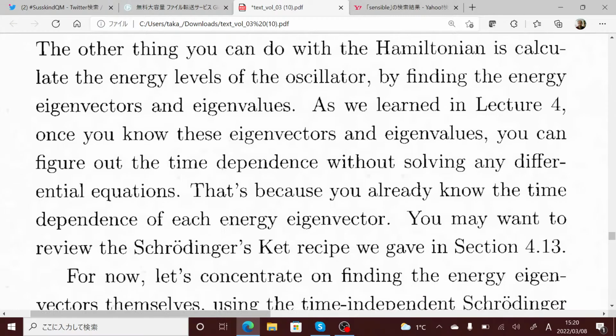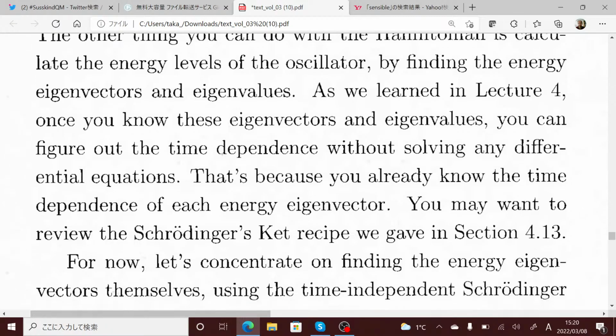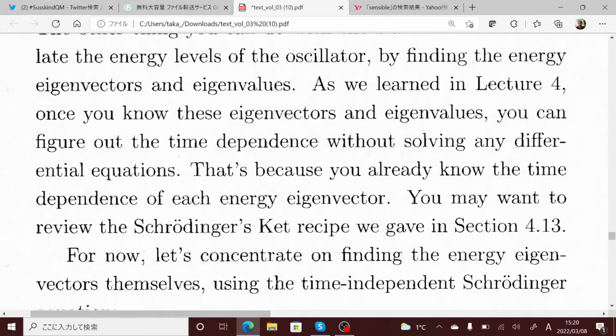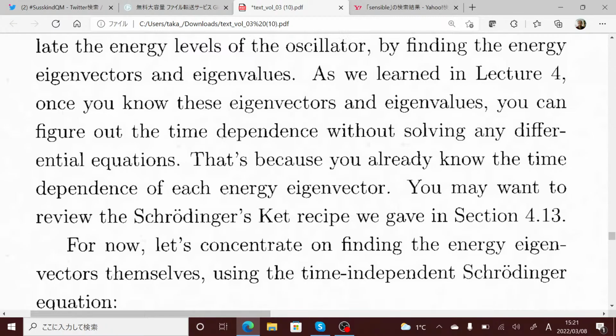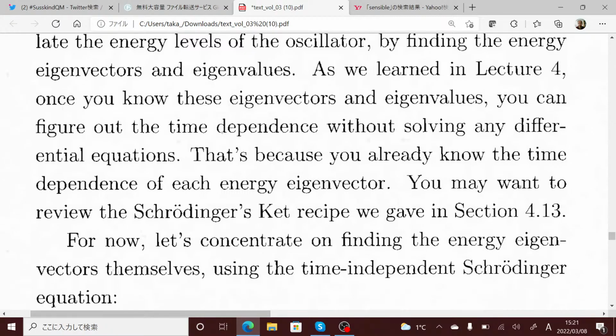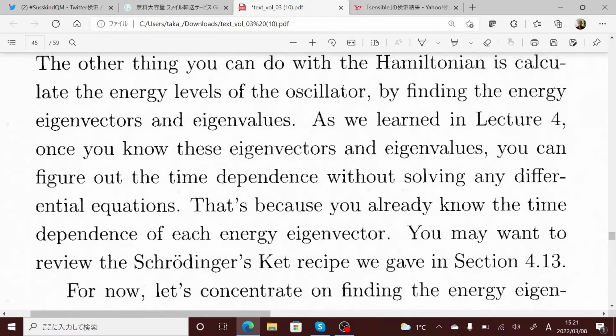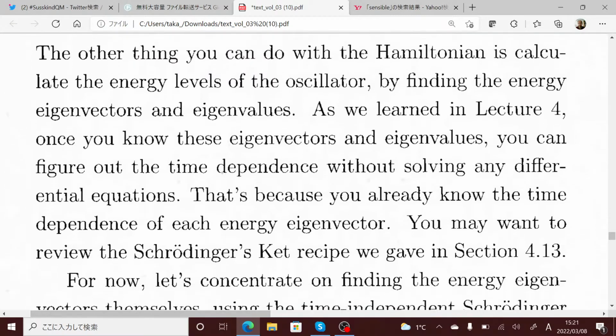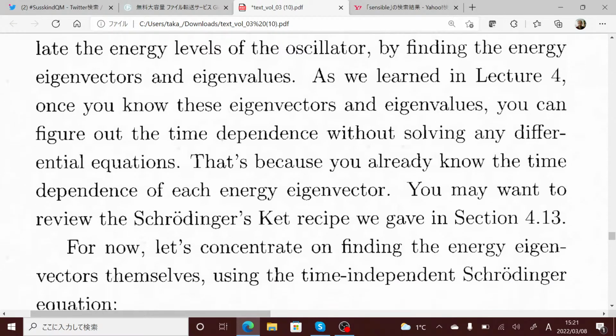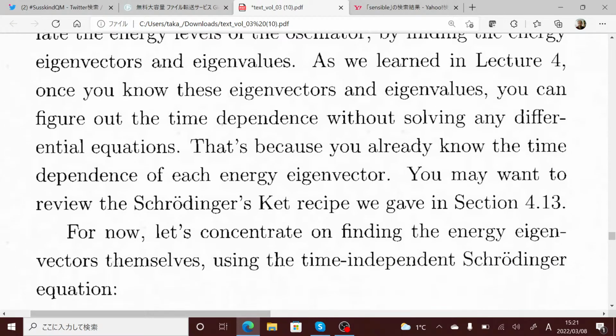As we learned in lecture 4, once you know these eigenvectors and eigenvalues, you can figure out the time dependence without solving any differential equations.